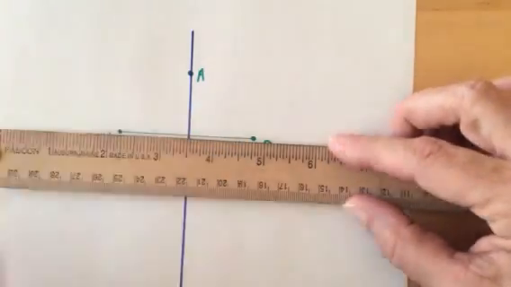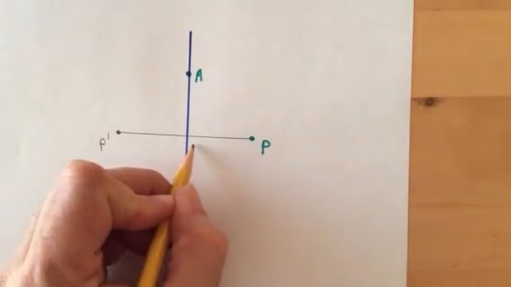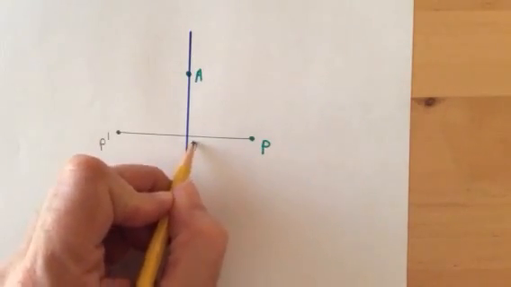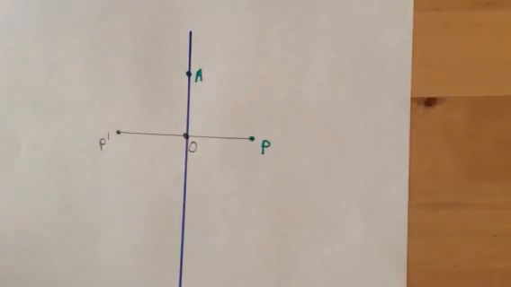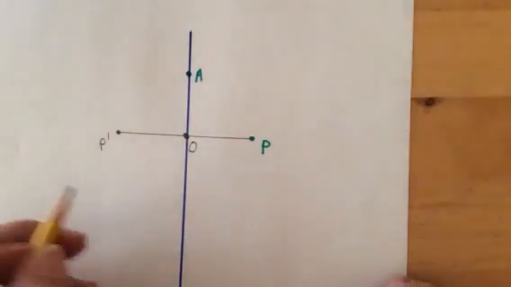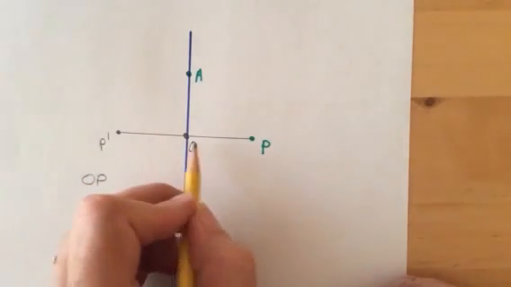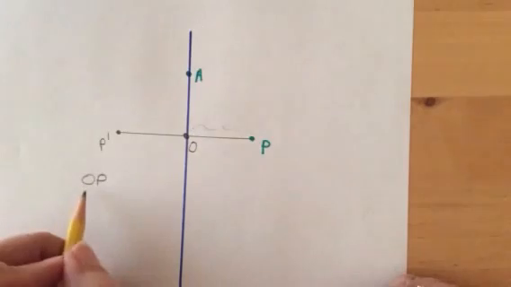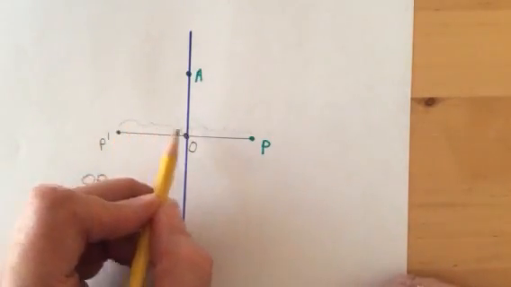So I'm going to draw a segment right here. This segment crosses our line at point O. We're going to call this point O. So essentially it makes two segments. We've got OP right here, and we've got OP prime right here.